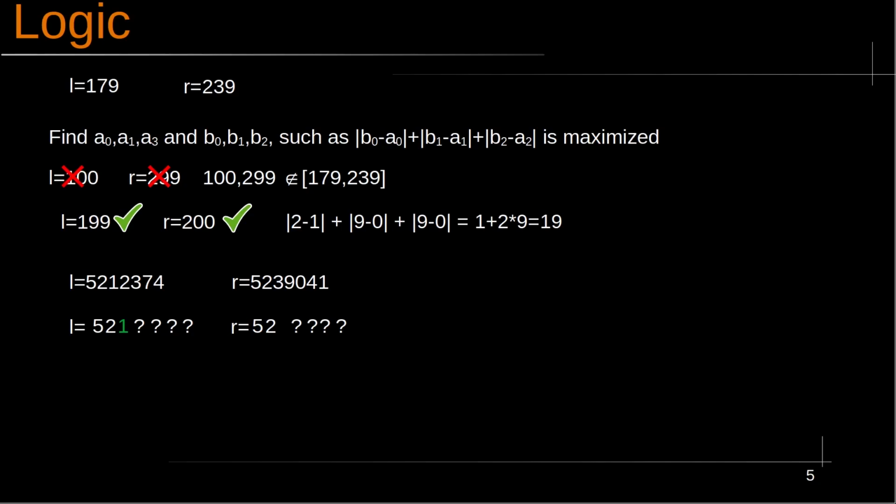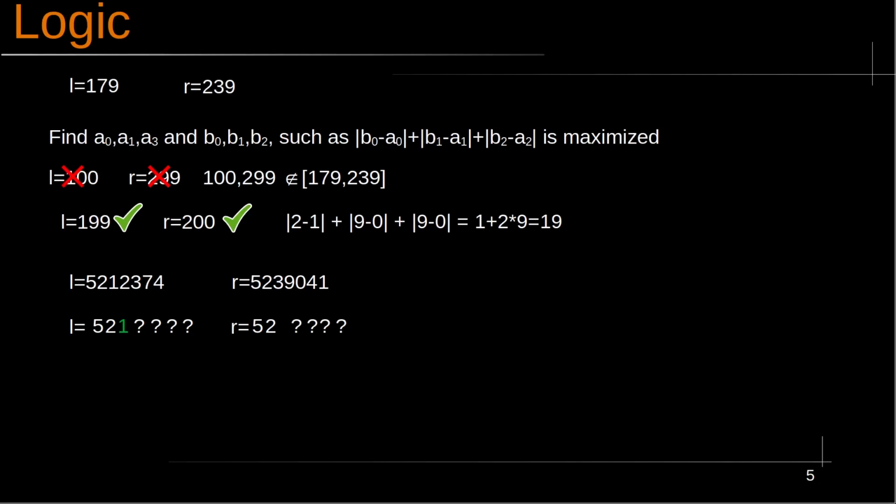For this side, for R, can we put 1? Of course not, because yes, the number is in range, but the sum is not maximized, because 1 minus 1 is equal to 0. Can we put 0? Yes, but 1 minus 0 is... we cannot put 0 because the number will be out of range.